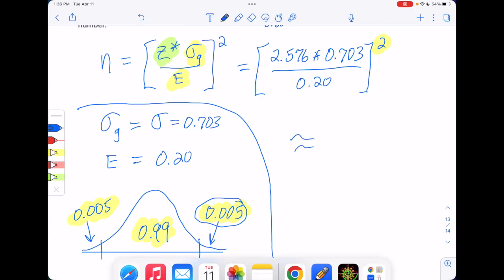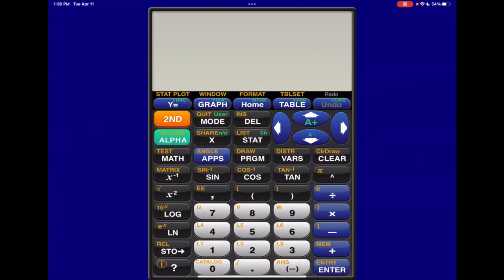So we will enter that in. Make sure you start out with those open parentheses. The formula on the formula sheet uses brackets, but it doesn't matter whether you use brackets or parentheses. So it's easier to just use the parentheses. And then times 0.703 for our standard deviation divided by 0.20. So put parentheses around the whole thing and then square it all.